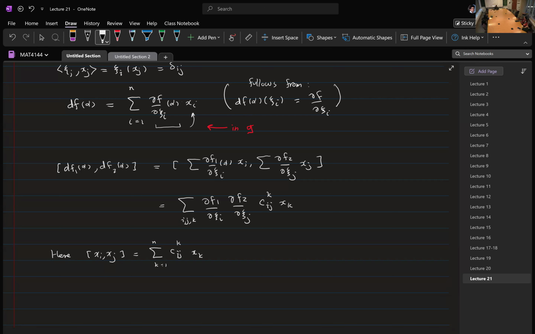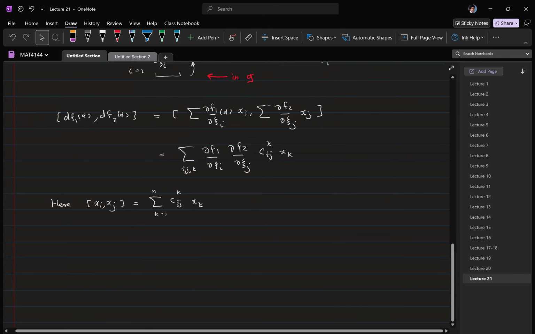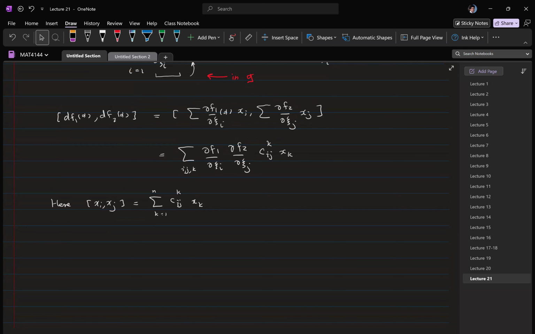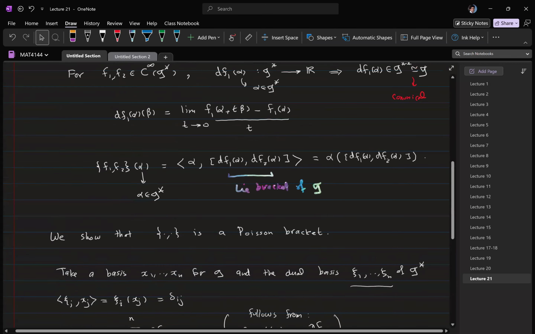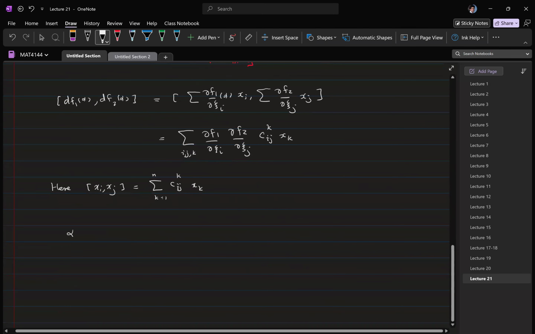Okay? So I obtained some explicit formula for this bracket, but now I have to use this to actually show that I got a Poisson bracket. So now, don't forget that we also have some evaluation. So we have to evaluate this at alpha. Okay, so let's do this last step. So then what is alpha evaluated at df1 alpha, df2 alpha? So now I have to evaluate alpha at all the xk's, right?